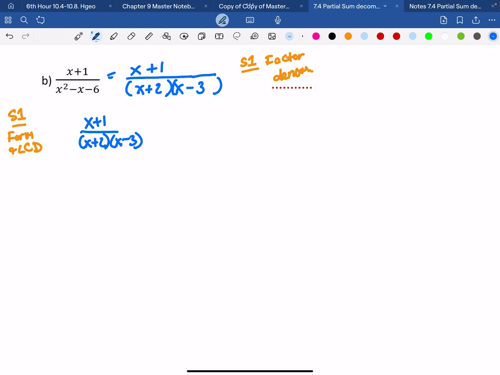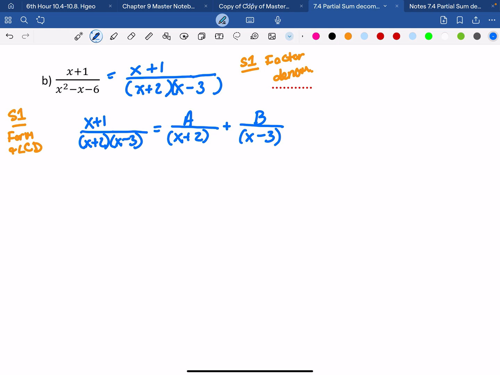But I'm going to try to get this done for you for tomorrow. Then you're going to give each factor its own fraction. You have x plus 2 plus x minus 3. All I did is take the factors on the bottom, assign each its own special fraction, and then assign each top a variable. I like A and B.